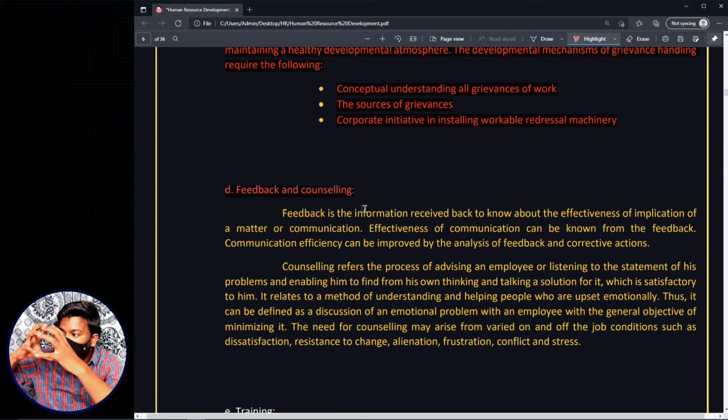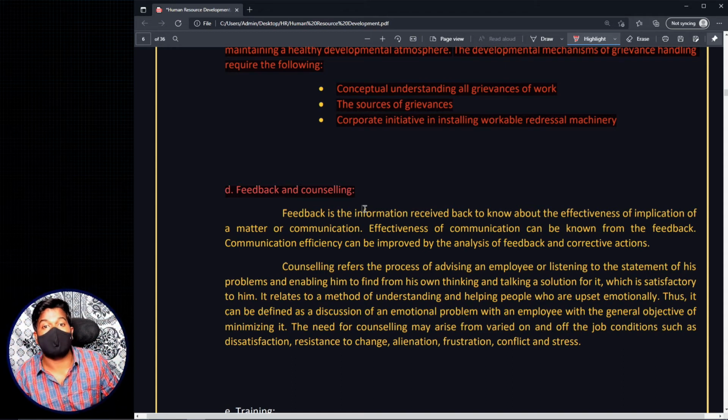That means it is kind of a brainstorming session, where he will try to make the troubled employee capable of finding different alternative solutions to his own problem. He will be creating a positive environment in order to solve the issue. This is basically what happens in counseling, which we will be discussing in detail in further units.